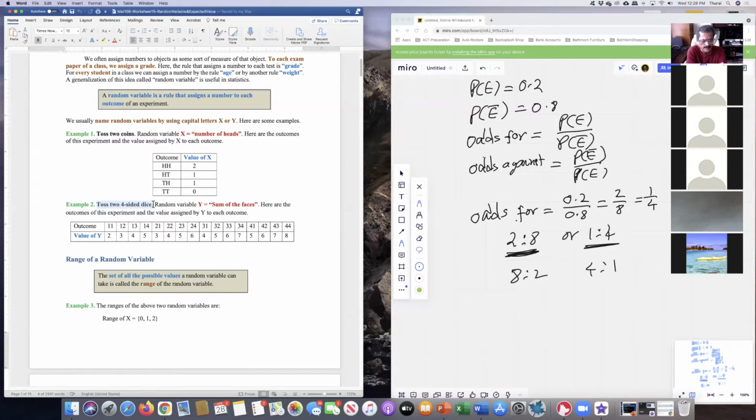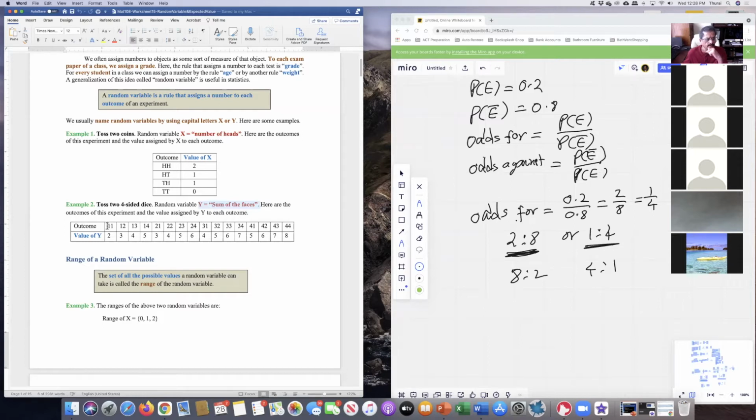The side that falls at the bottom is the one you read as your outcome. Anyway, a random variable has to associate a number to each outcome. That's all it is, so it can be defined in all different ways. This one is defined as the sum of the faces, the total of the two faces. That's your value of the random variable.